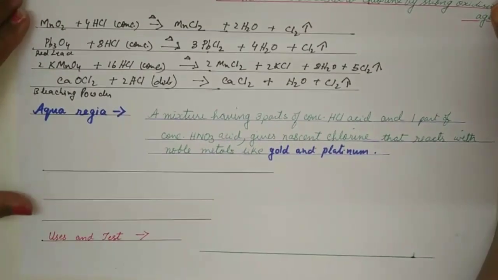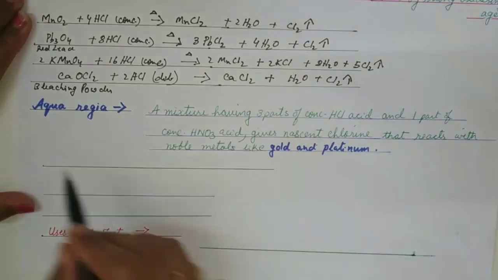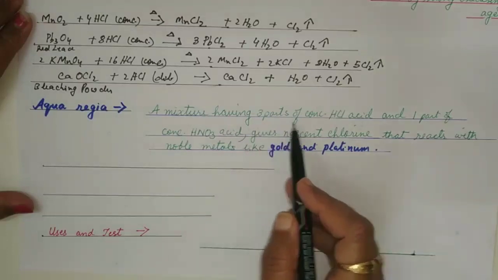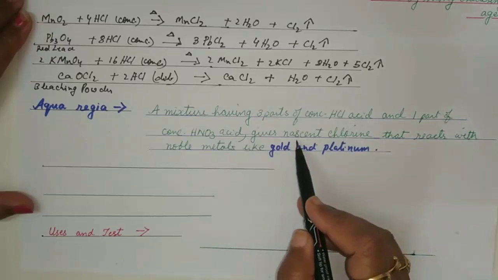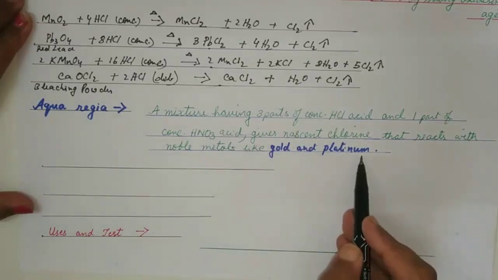The next one, which you have heard the name, that is Aquaregia. It is a mixture having 3 parts of conc HCl and 1 part of conc nitric acid. And it gives nascent chlorine that reacts with noble metals like gold and platinum.